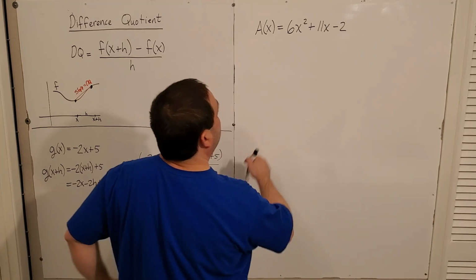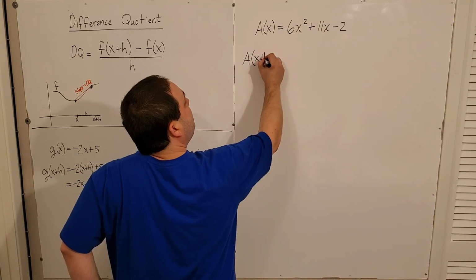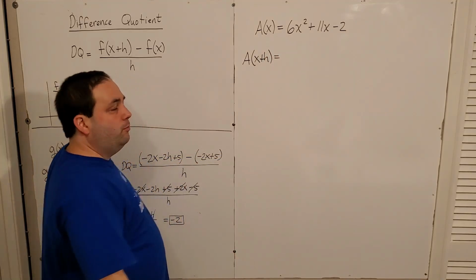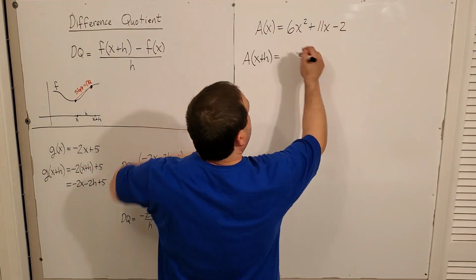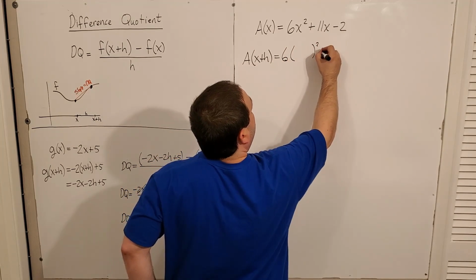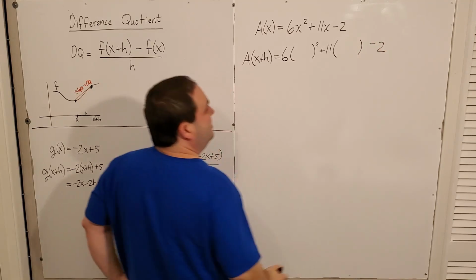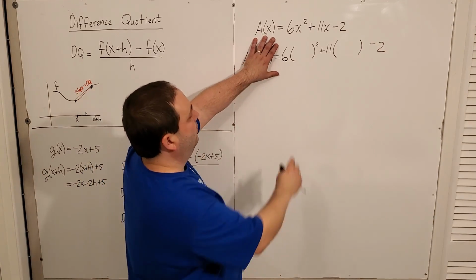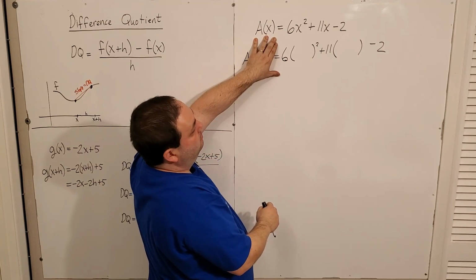I'm going to start by writing down what a of x plus h is. Remember, we need that for the front part of my formula. All that means is I have some function, right? This is actually what your function looks like right here. This is truly like a function in waiting, okay?